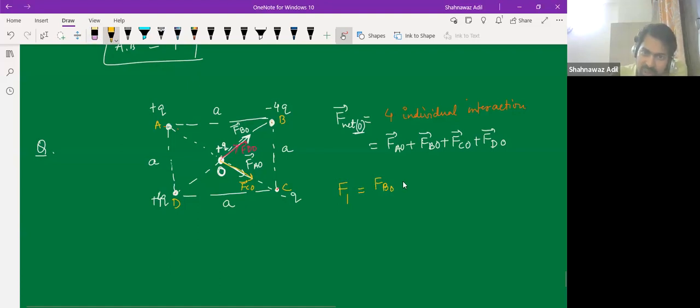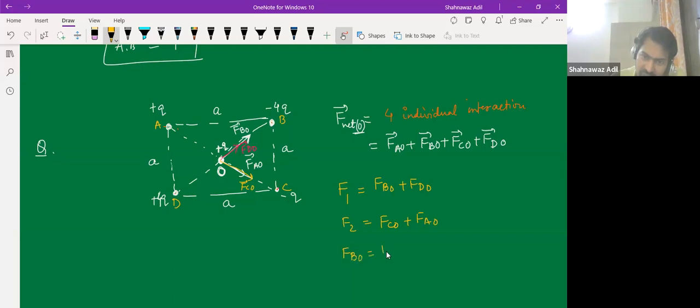Is this part clear? And let's say F2 is this one, so FCO and FAO magnitudes add.